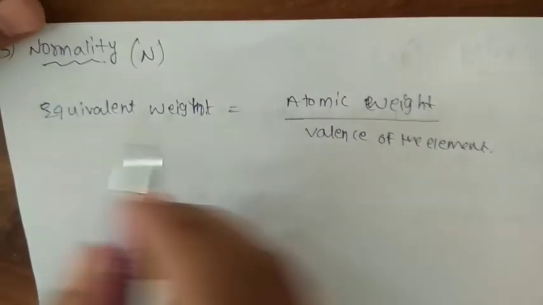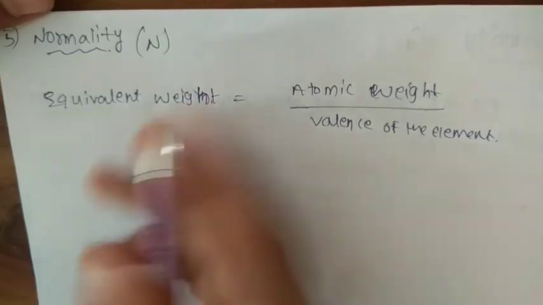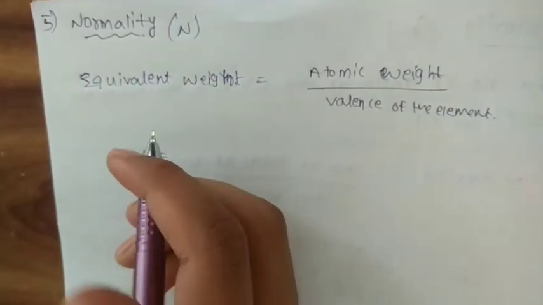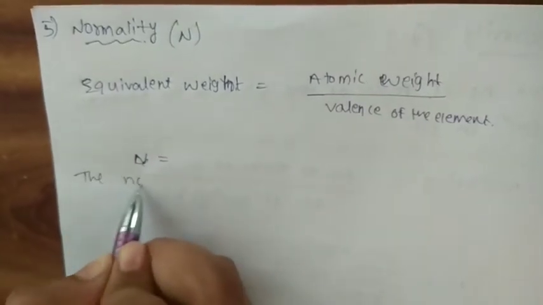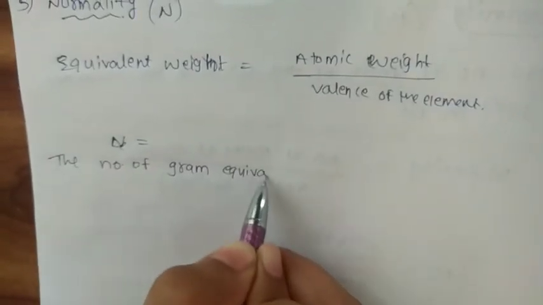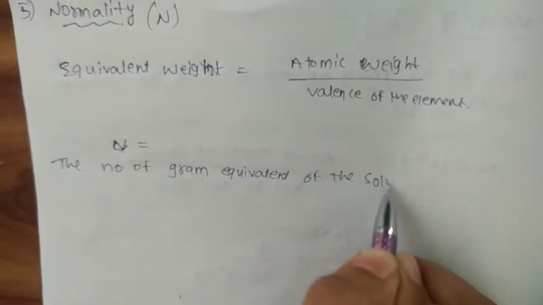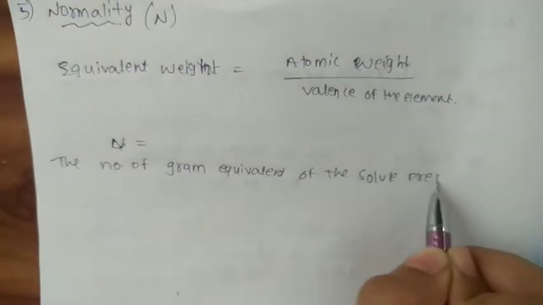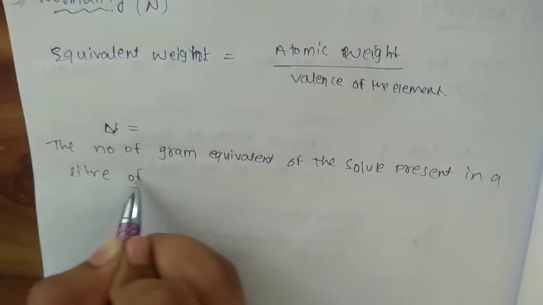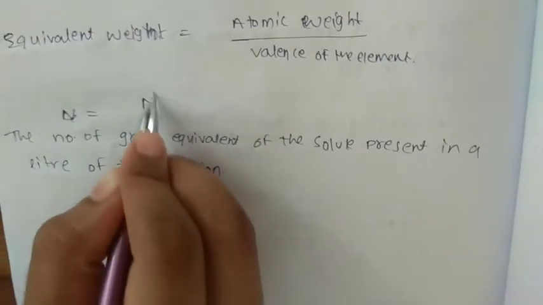Normality is nothing but the number of gram equivalent weight of the solute present in a liter of the solution. It is denoted by capital N.